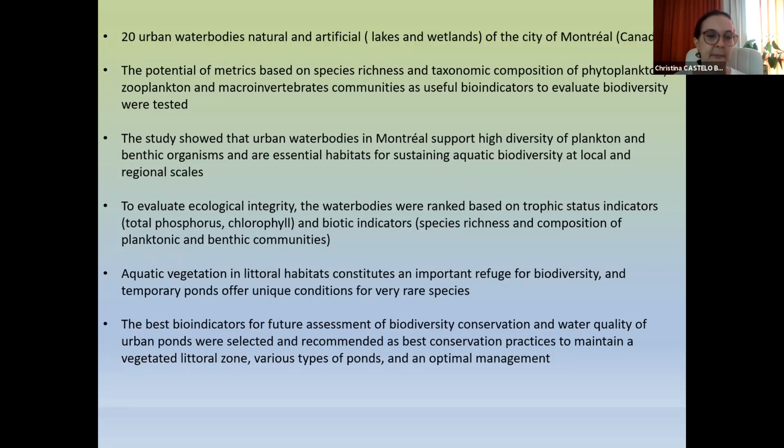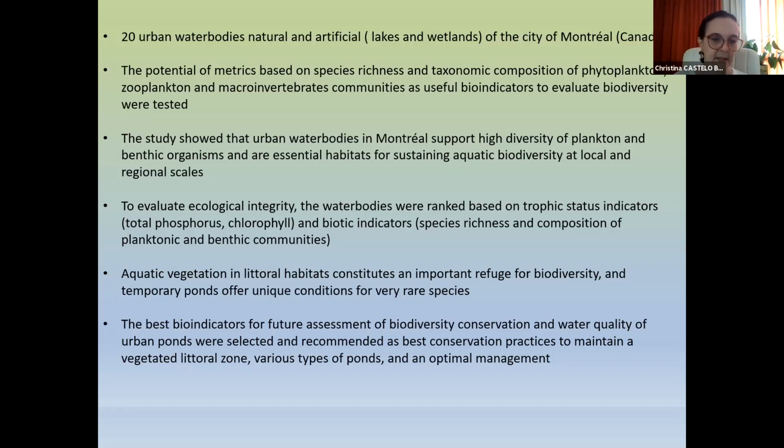at local and regional scales. To evaluate ecological integrity, the water bodies were ranked based on trophic status indicators, total phosphorus and chlorophyll, and biotic indicators, species richness and composition of planktonic and benthic communities. Aquatic vegetation in littoral habitats constitutes an important refuge for biodiversity, and temporary ponds offer unique conditions for very rare species.